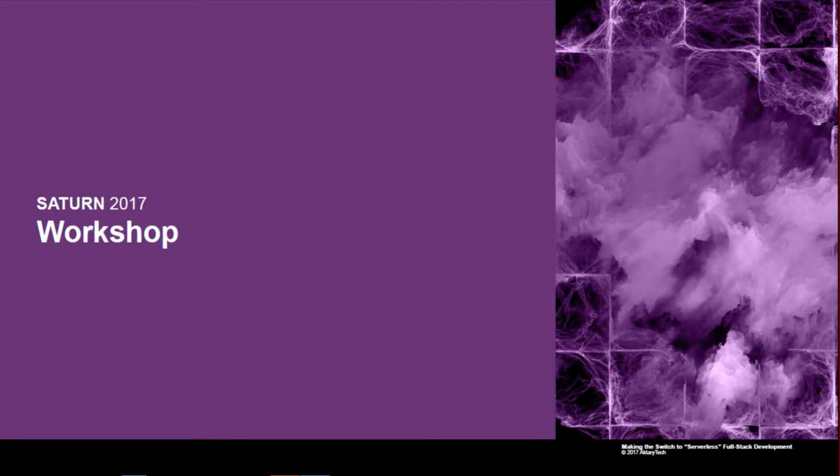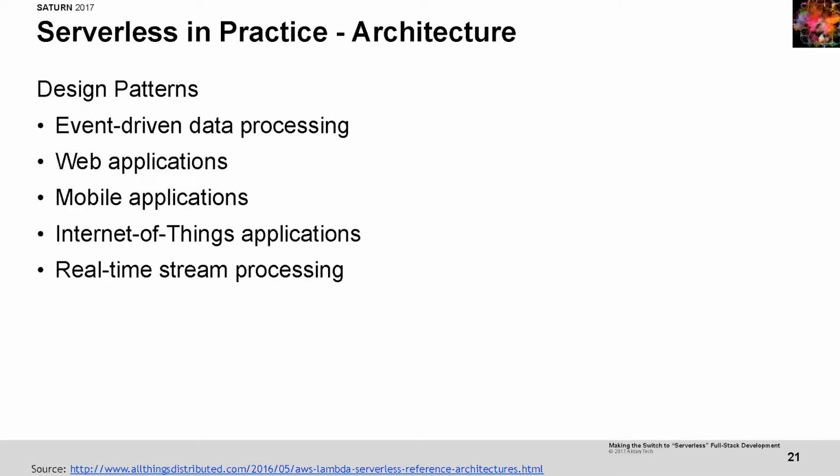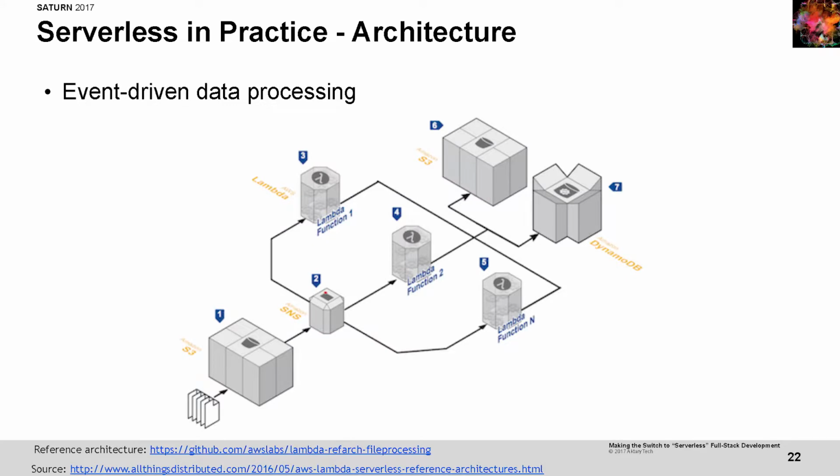So the workshop portion of this. If you ask Amazon, what are some great use cases for your technology, they'll point you to these 5 design patterns. Not only do we have these as pretty pictures, but they've also built these out so that you can pretty much hit a button, deploy them, and see how that all works together, right?